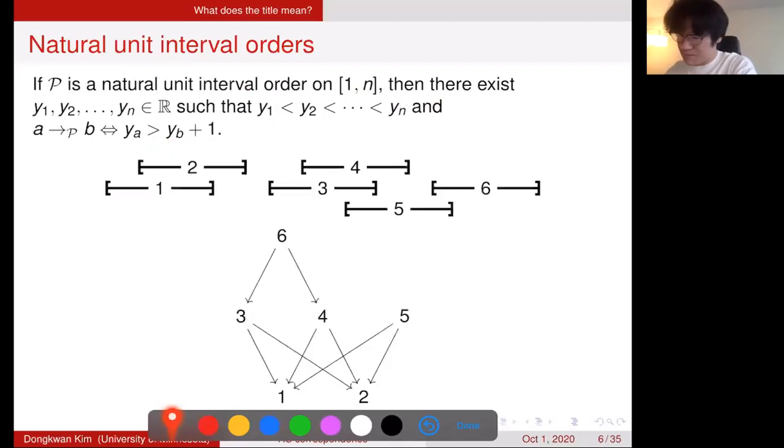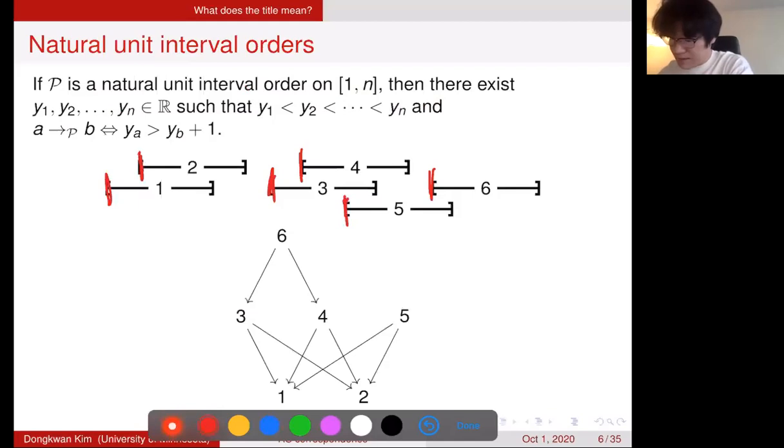In this diagram, the starting points of the intervals will be y1 to y6, and you see that they are in increasing order.